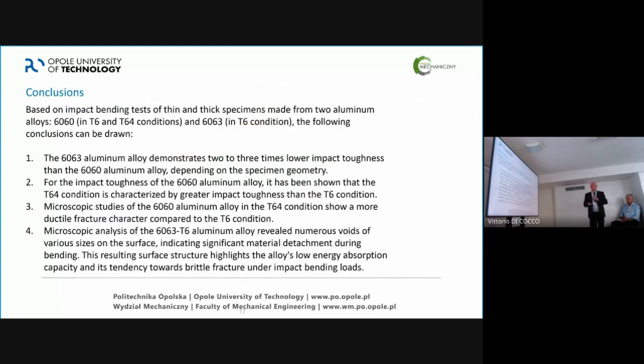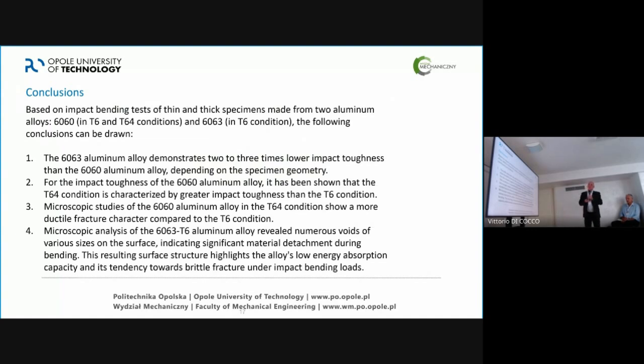And at the end, we put some conclusions based on the impact bending test of thin and thick specimens made from two aluminium alloys, 6060 in T6 and T64 condition, and 6063 in T6 condition. The following conclusions can be drawn.